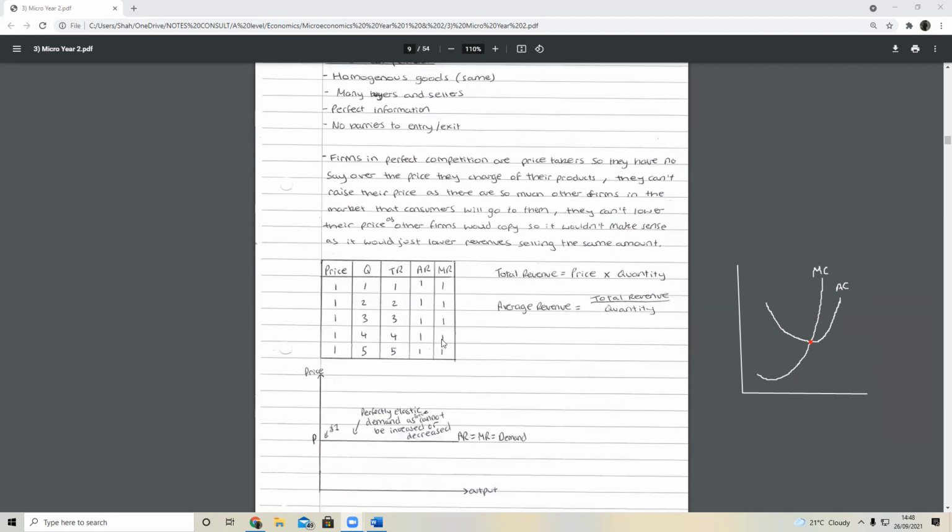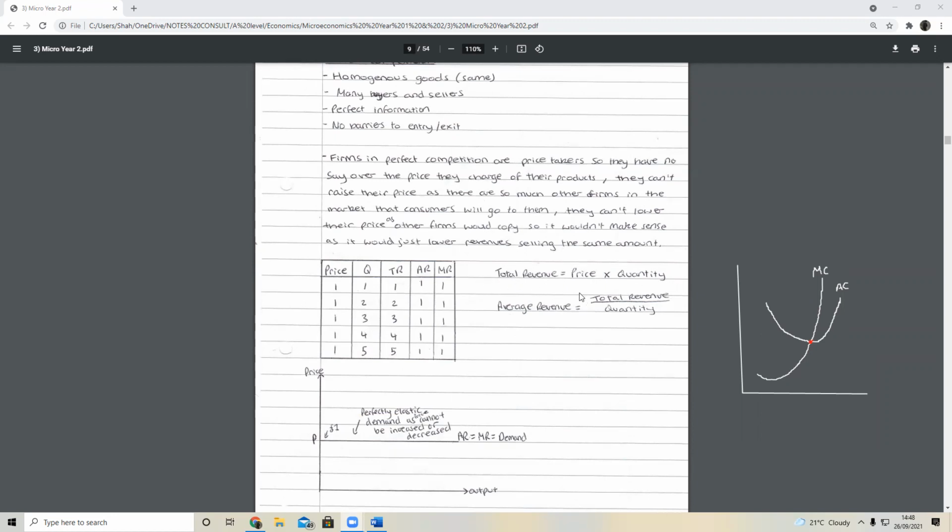Look at this graph here for a firm in perfect competition. The price is always the same. The price stays at 1 for any given level of quantity. If we produce one product, the price is still 1. If we produce 2 products, the price is still 1. To find out the total revenue, this is the formula.